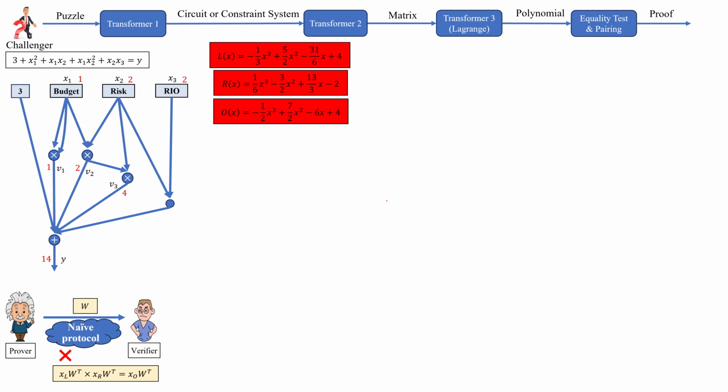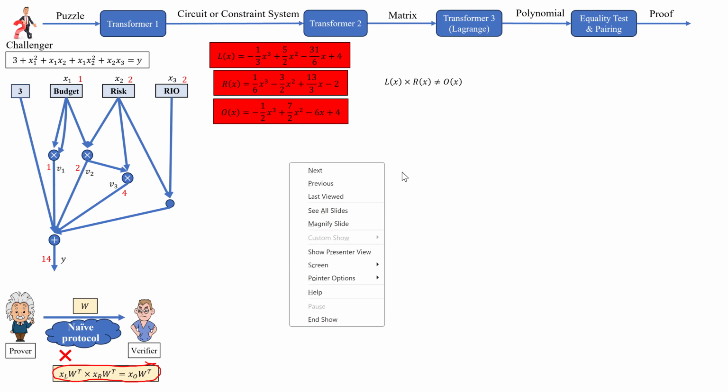Okay, how can we design a test to ensure that the prover knows these polynomials? When we had the matrix, we designed a test for the verifier, but now the prover knows polynomials, and we want to design a test for the verifier.